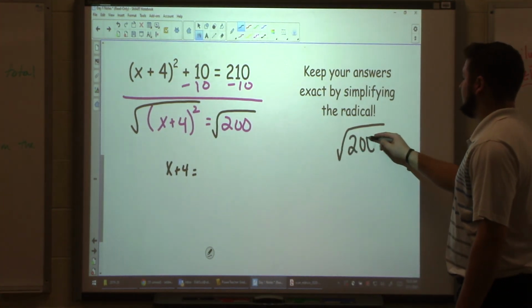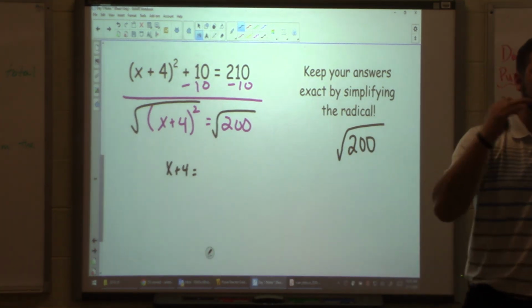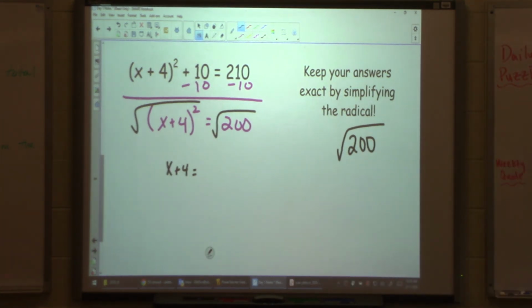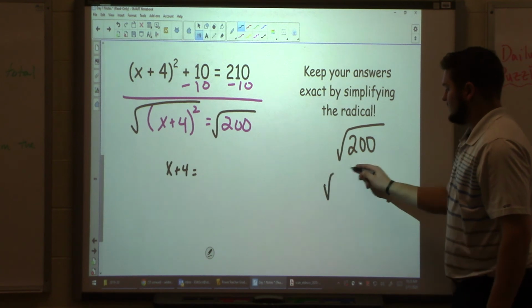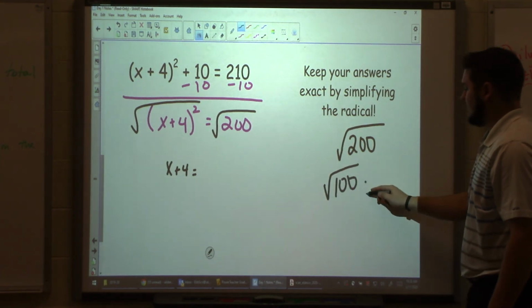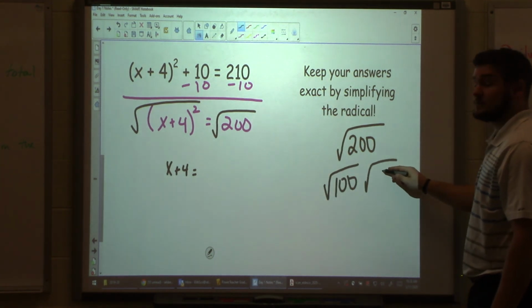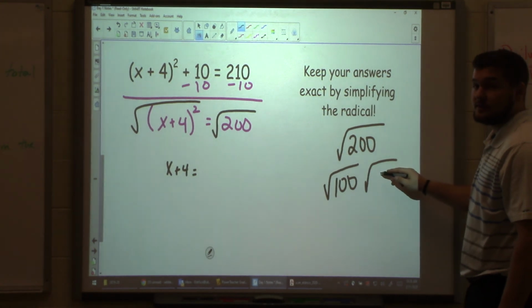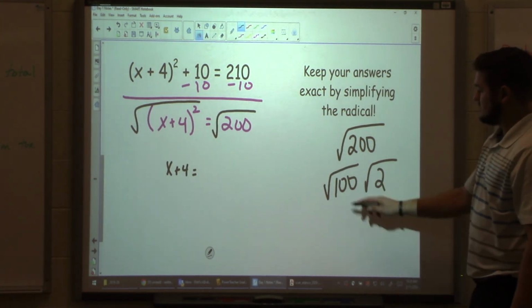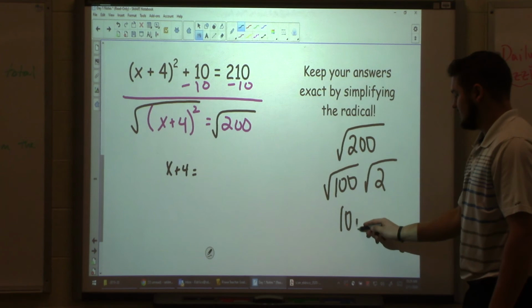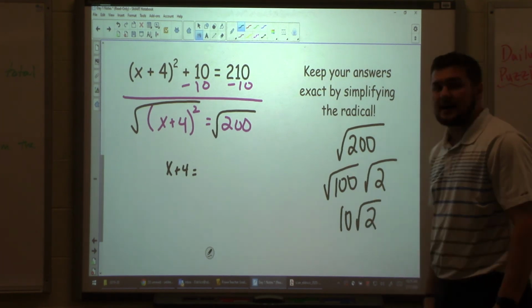Simplified radical form: is there a perfect square that goes into 200? Yes, 25 does, but I want the biggest one. 100 does. So I'm going to split 200 up into the square root of 100 and the square root of, what's 100 times what? It's 200. 2. Square root of 100 is 10. Square root of 2 is not a nice number.